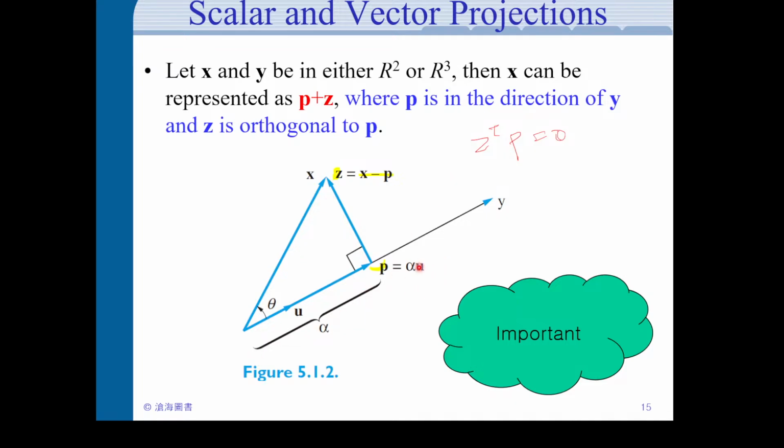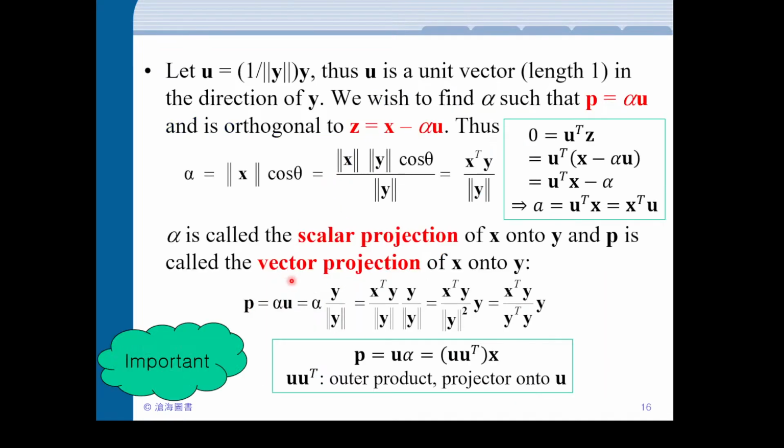So we say p is some alpha times u, where u is just the unit vector of y. This is a geometric view of the projection, and now we want to calculate alpha and p in terms of inner product.